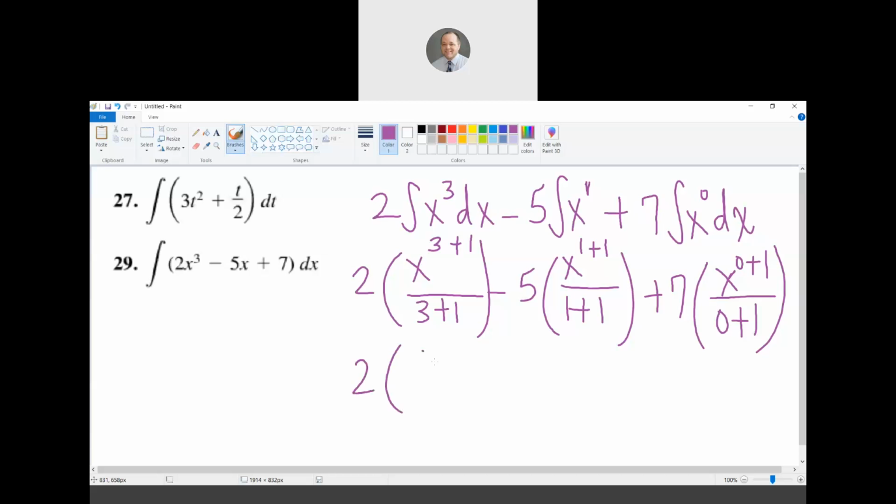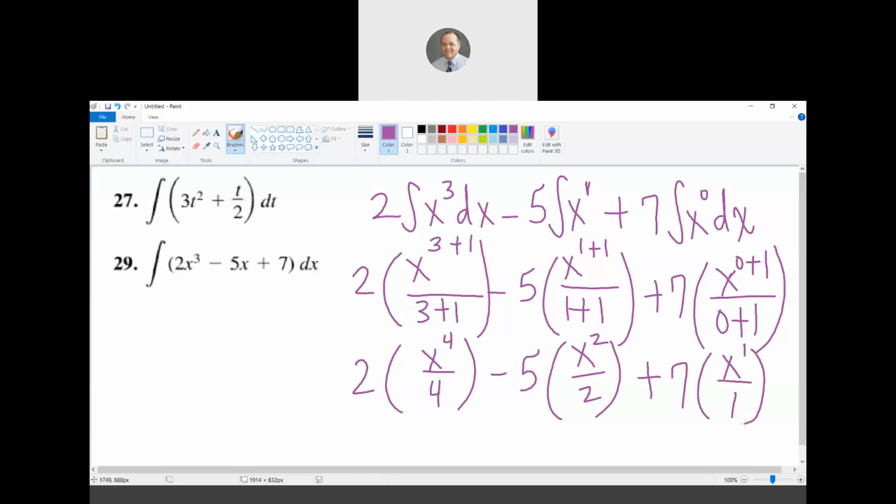This will be now 2x to the 4th all over 4 times that 2, minus 5x squared over 2, plus 7x to the first power over 1. In our first antiderivative, 2 can go into 4 2 times.